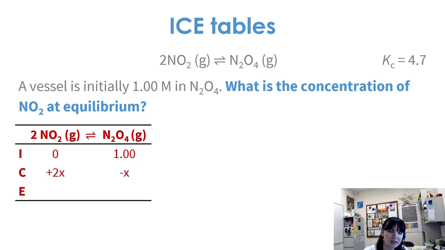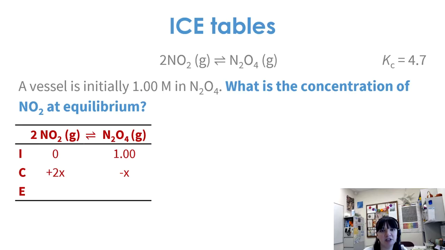The change is, of course, going to shift towards the NO2. So we're going to add to that 0. Specifically though, because pay attention to the molar coefficients here, NO2 has 2 as its molar coefficient, so we're going to add 2 equivalents of change, or 2x, to the NO2 column. For the N2O4, it's just going to be losing x, so we'll say minus x as the change for N2O4.